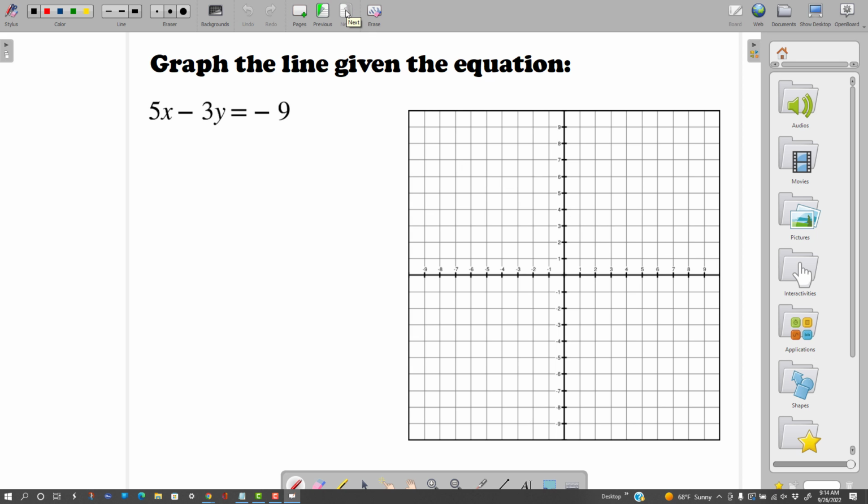Okay, let's try this one. This is also in standard form. I need to put it in slope-intercept form, which is y equals mx plus b, because that gives me my slope and my y-intercept. So I need to get the y term by itself. So I'm going to subtract 5x from both sides.